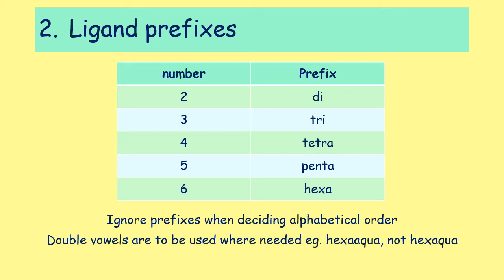Also, it's going to look odd because a lot of the ligands start with vowels and all of these prefixes end in vowels, so it is often the case that you get a double vowel. So hexaaqua has 2 A's. You have to make sure you put them both. These rules need to be followed really strictly in order to get the marks. They're not very forgiving.